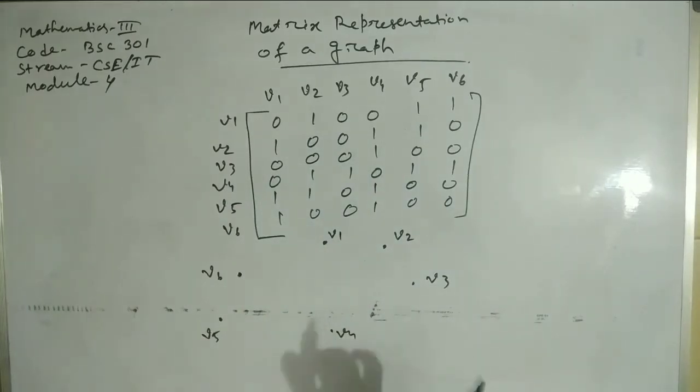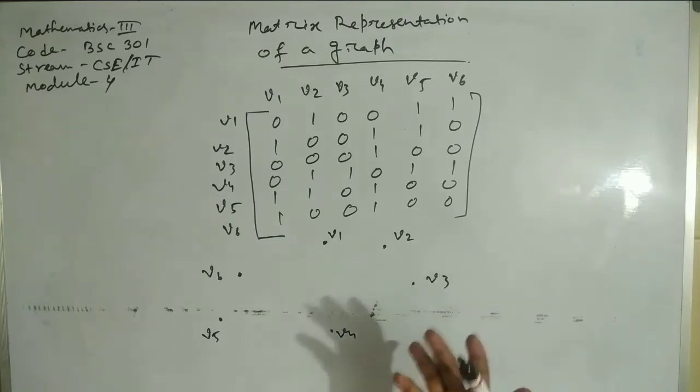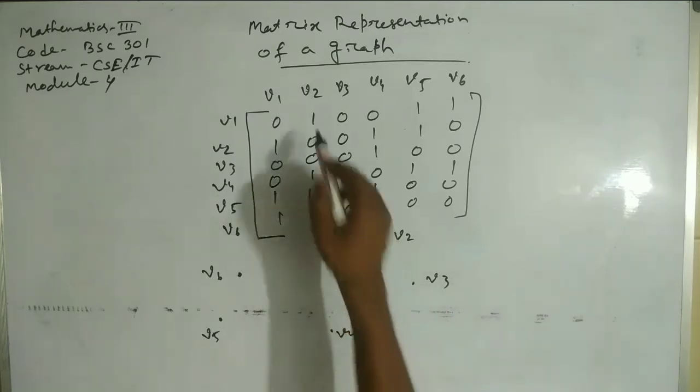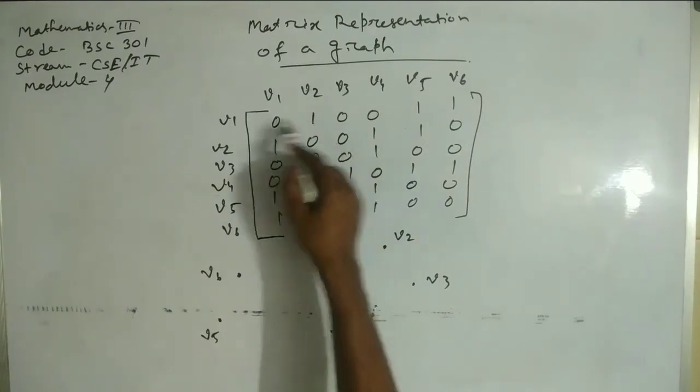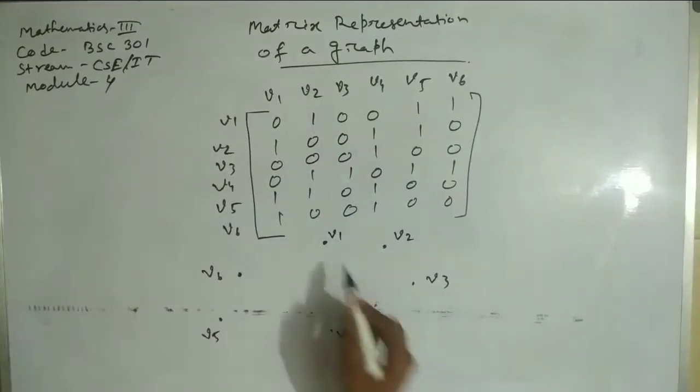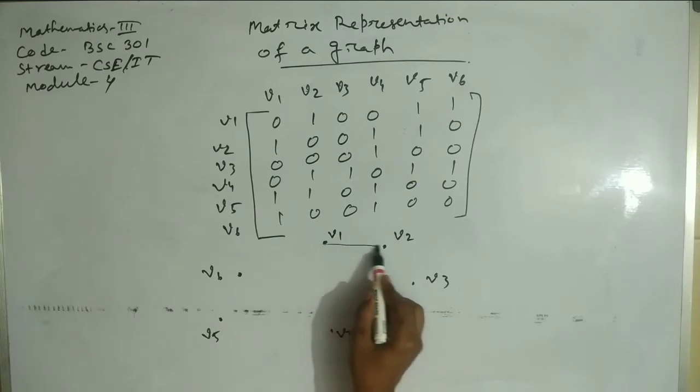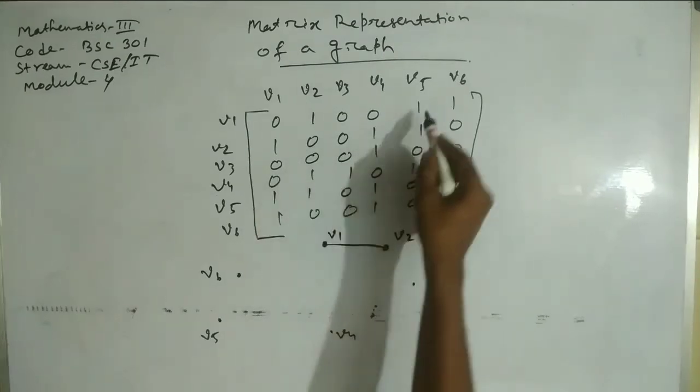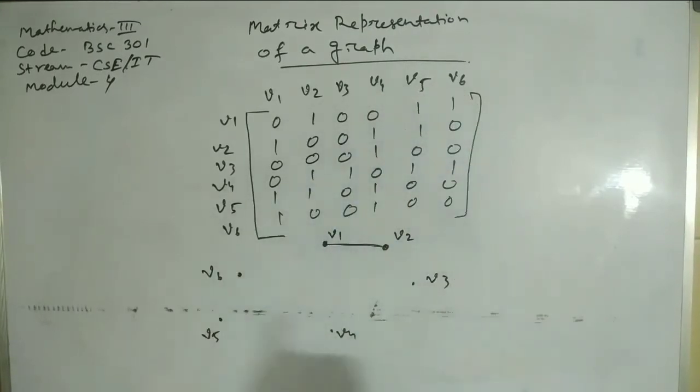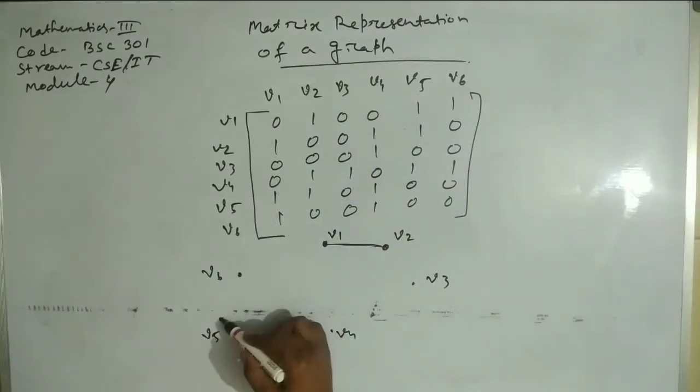If there is a 1 as an element in the adjacency matrix, we know there is adjacency. So V1 and V2 are adjacent, and there will be an edge between V1 and V2. There is 1 also in V5, so V1 will be adjacent to V5.